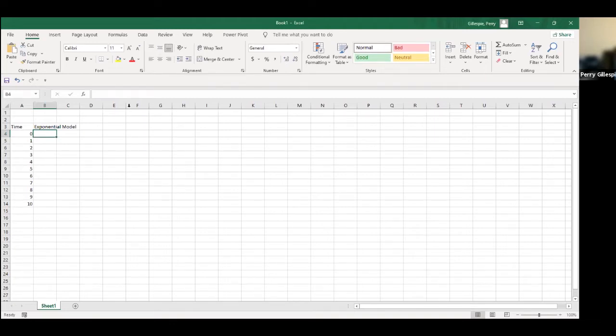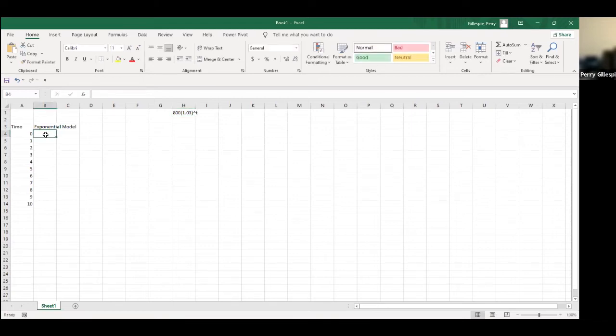Now, if you recall the model, I'm just going to put it in this cell here: 800 times 1.03 all raised to the T power. That is the function I'm going to put in to find out what the Q, or the exponential model value, is.